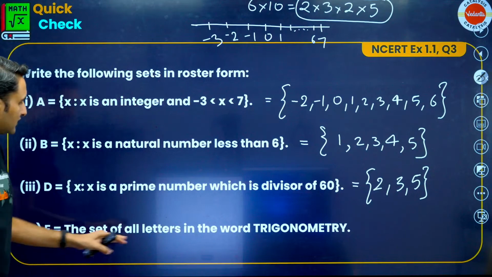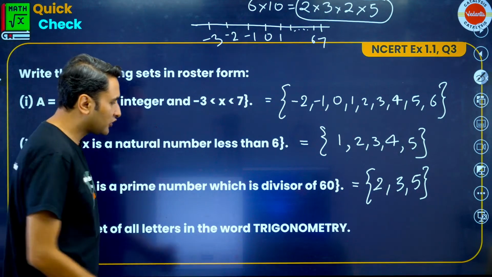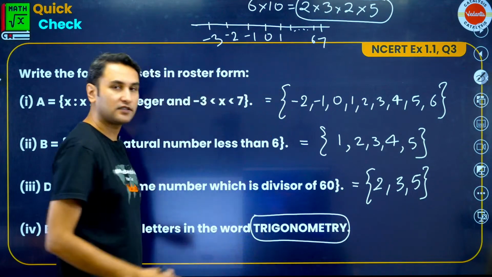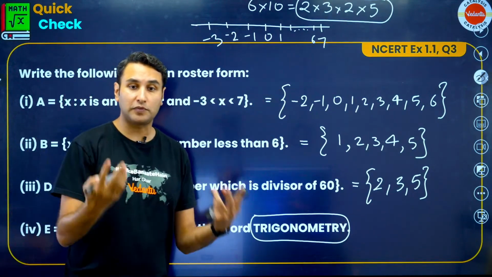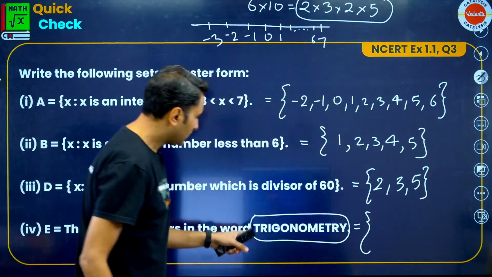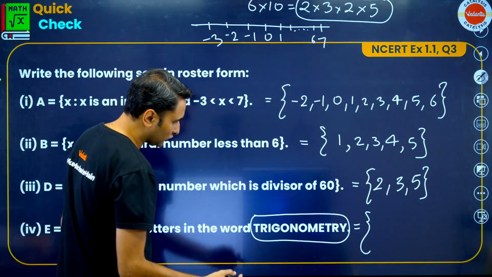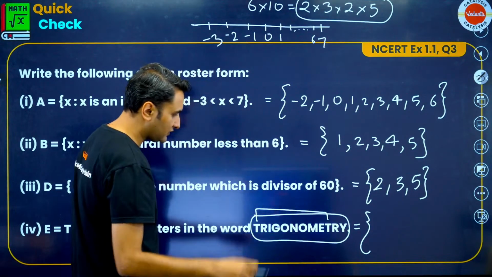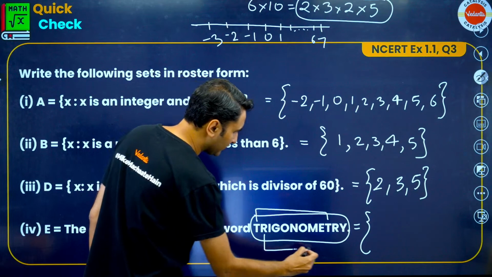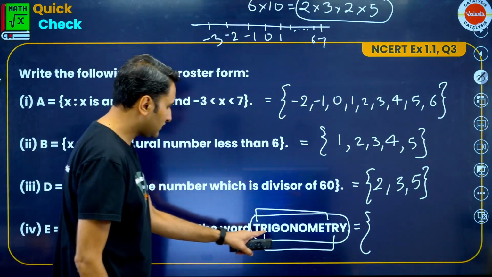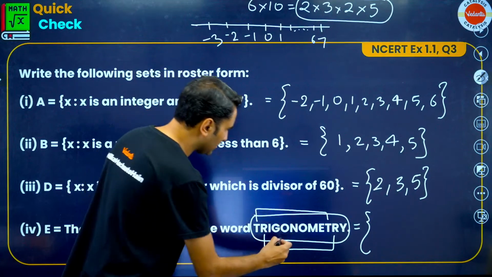Similarly, the set of the letters in the word trigonometry. Again, write all the unique letters in the word trigonometry. Don't repeat the letters. So what are the letters which are repeating first of all? T is repeating. I'll write T only once. R is repeating. I'll write R only once. Right? I is only once. G is only once. O is repeating.